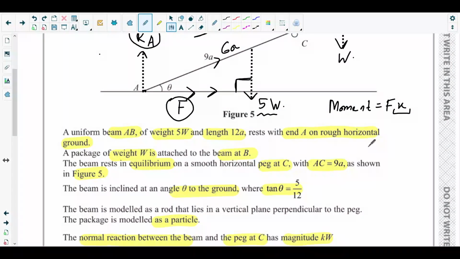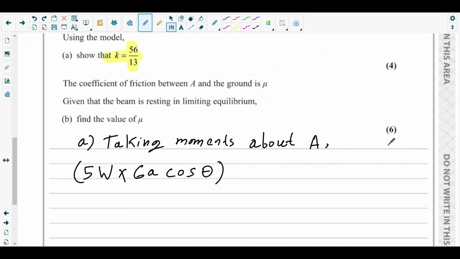So to get this distance, we have to consider cos theta. Cos theta equals the adjacent side x over the hypotenuse. Hypotenuse is 6a. So x equals 6a cos theta. That's what I wrote here.